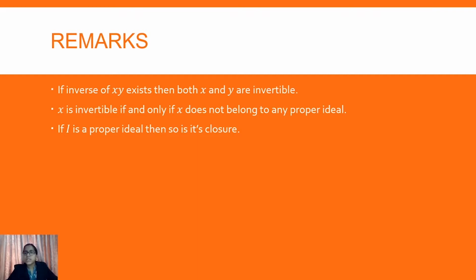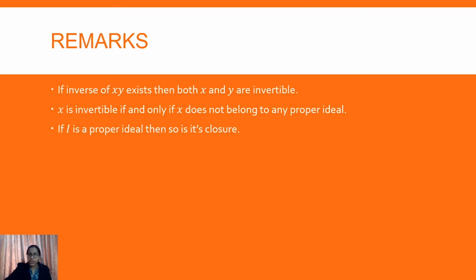The first remark is that if the inverse of the element xy exists, then both x and y will be invertible. That is, if the product of two elements is invertible, then they are both individually invertible. The second remark is that x is invertible if and only if it does not belong to any proper ideal.